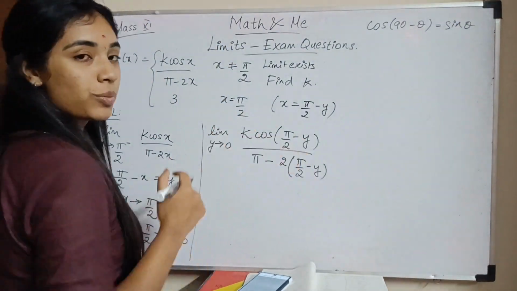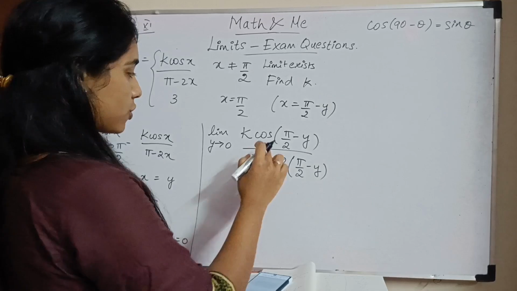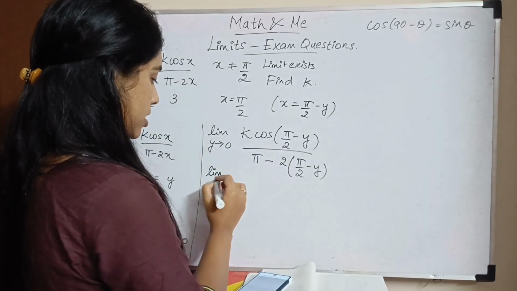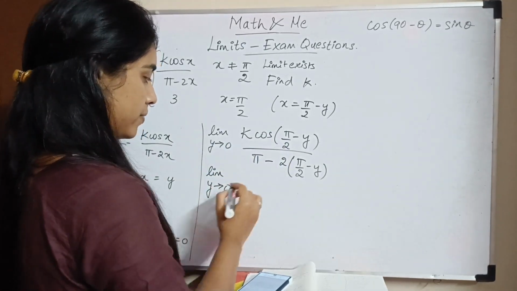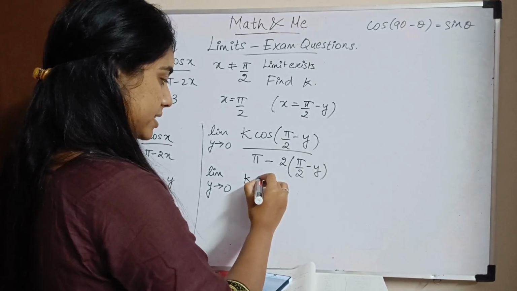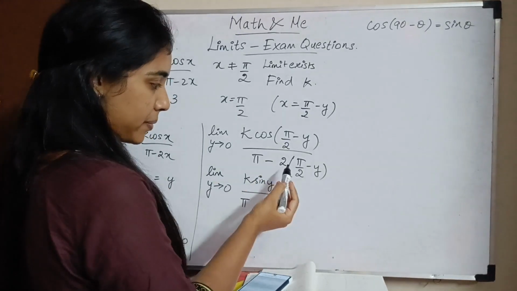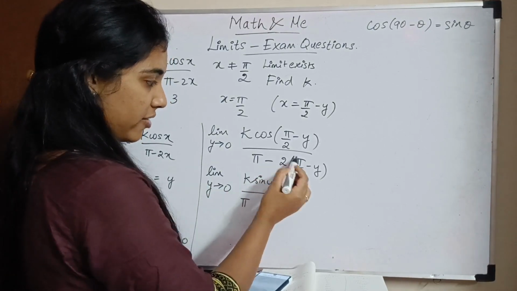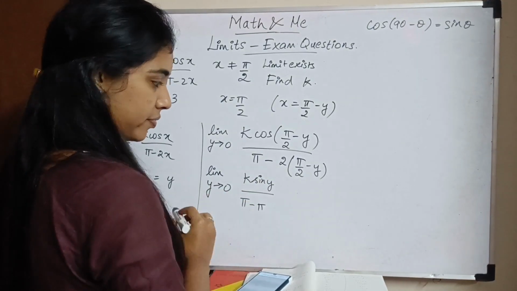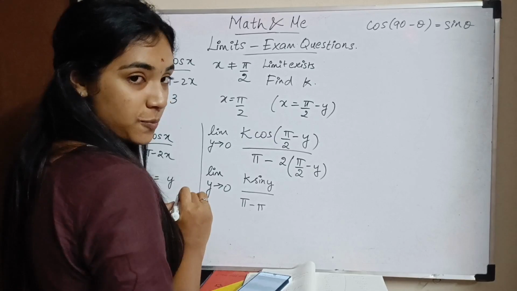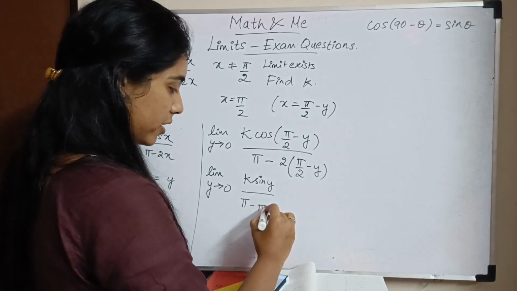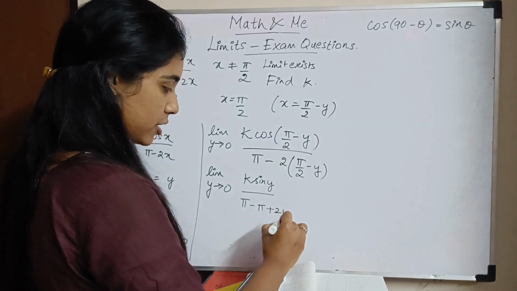That is why I brought in that pi by 2 minus y relation. So what do you see? Limit y tends to 0, k sin y. In the denominator, what happens? Pi, 2 cancel, you have minus pi, minus into minus plus, 2 into y, 2y. So you have plus 2y.